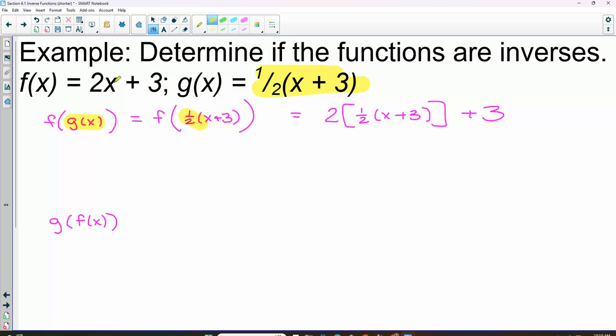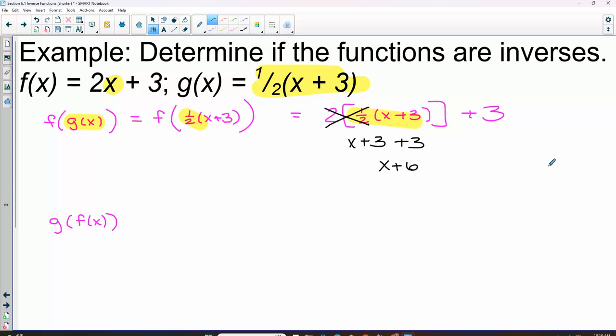And then I went to function f and I replaced my x with that 1/2 x plus 3. So now we're just going to evaluate this. 2 times 1/2 would just be 1. So those cancel each other. So I get x plus 6.